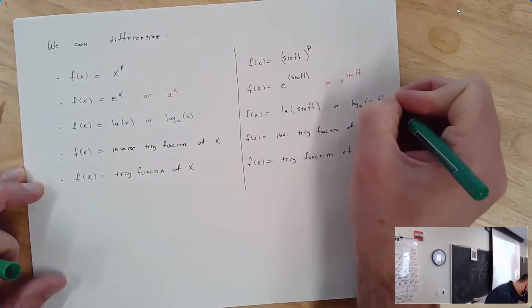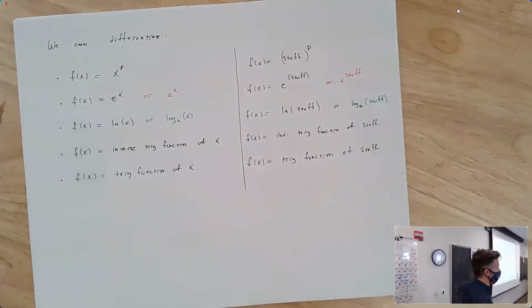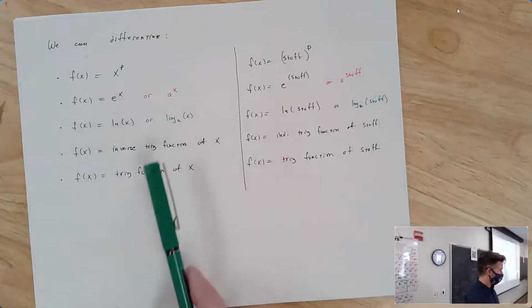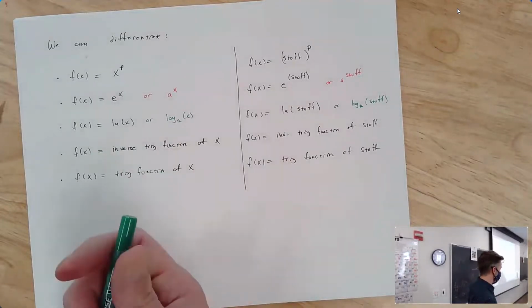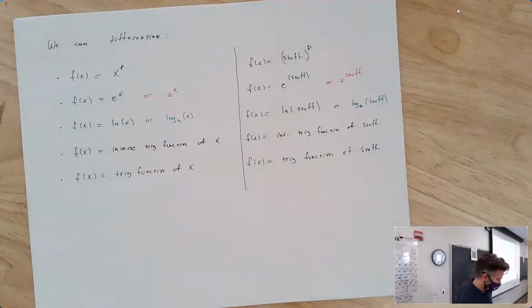The only difference between e to the x and a to the x is that when you differentiate a to the x, you have to multiply by the natural log of a at the end. And when you differentiate log base a of x, you have to divide by the natural log of a at the end. So let me remind you, just so you think that's worth seeing. Here are a few examples.